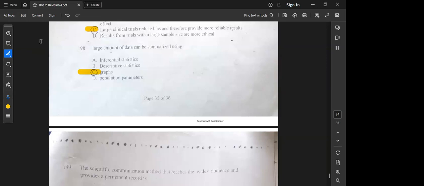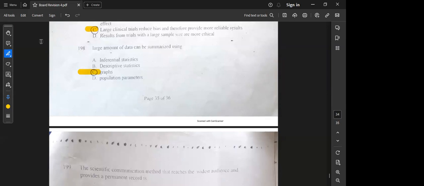The one who had said B, do you have something to say? Let me just read something on descriptive statistics. Three statements that may help. Descriptive statistics describes the characteristics of a data set.